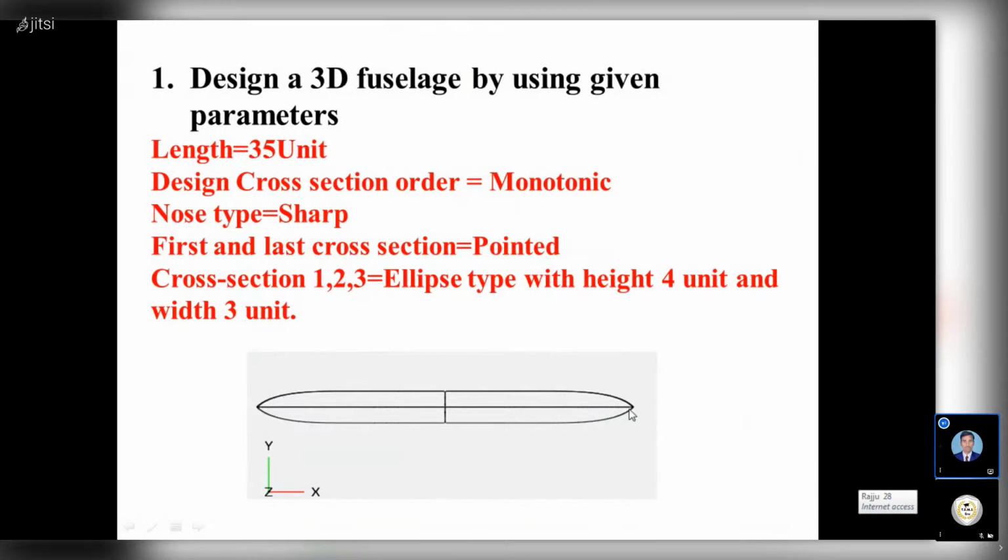For this 35 unit length fuselage, we have to split the cross section into 3, 1, 2, 3, and whatever cross sections we split along the fuselage, the cross section type must be an ellipse with its parameters: height must be 4 and width must be 3 units.